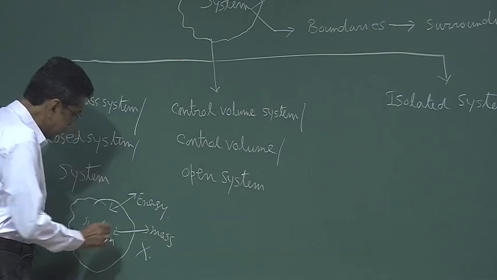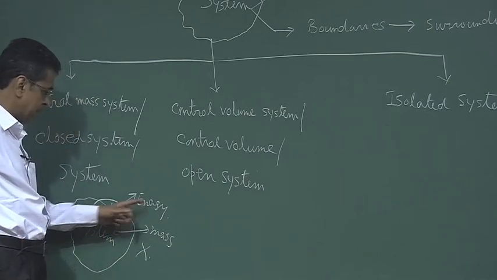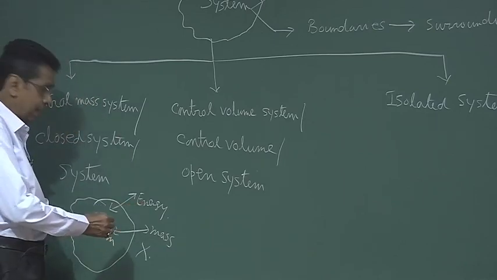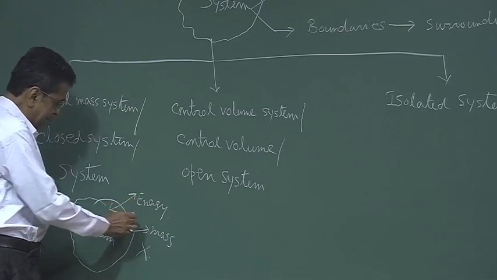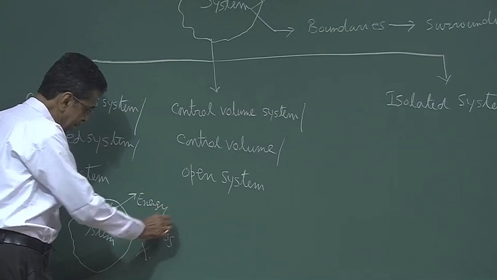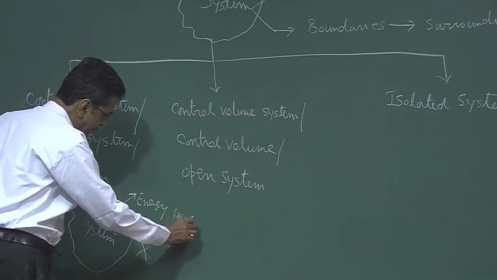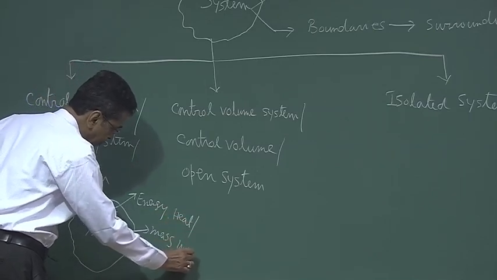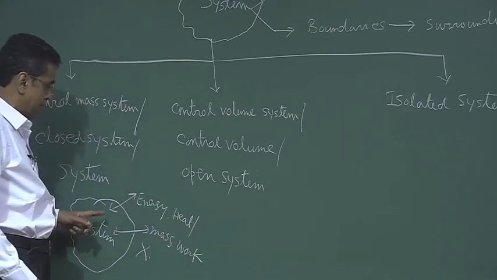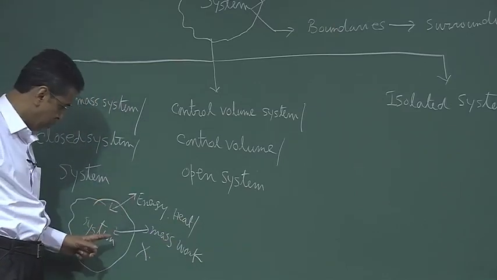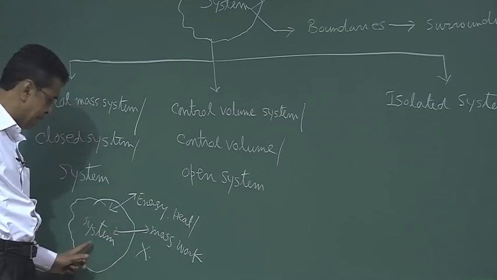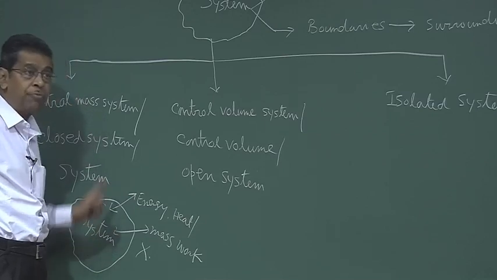While the system can interact with its surrounding in terms of energy, and you will know afterwards that this energy interaction is in two forms. One is heat and another is work. Both in the form of heat and work the system can interact. So, therefore, what happens is that in this system the mass remains fixed with the fixed identity.